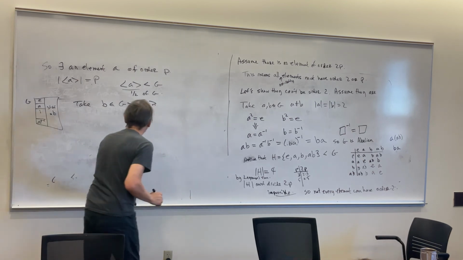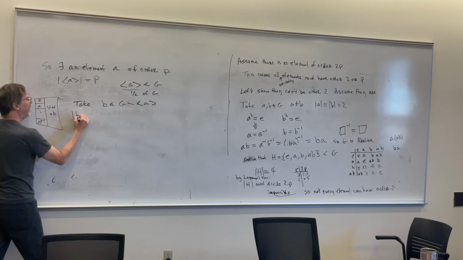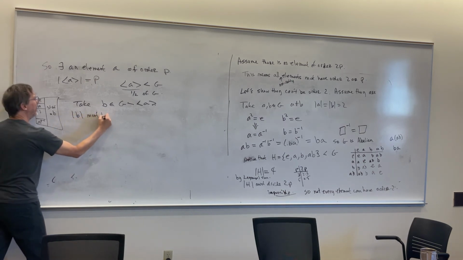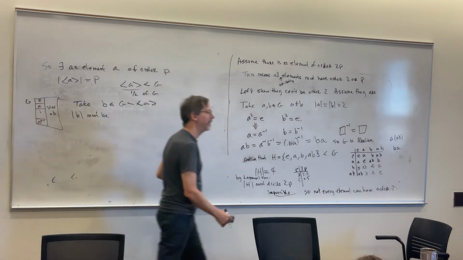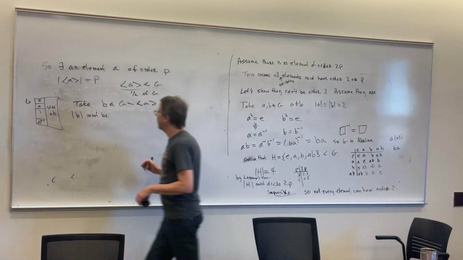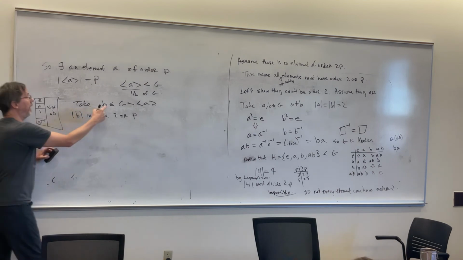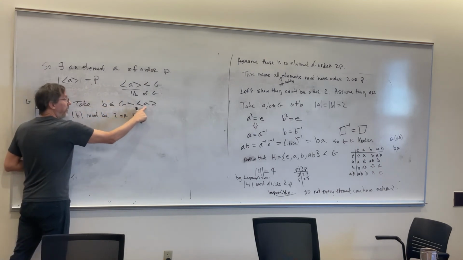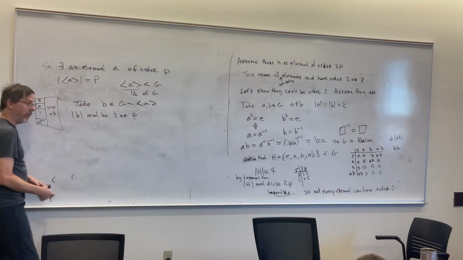What does the order of B have to be? 2 or p, yeah. There's really only 2 possibilities. Take B, and this already includes the identity, so B can't be the identity. So 2 or p, we don't even have 1 as an option.